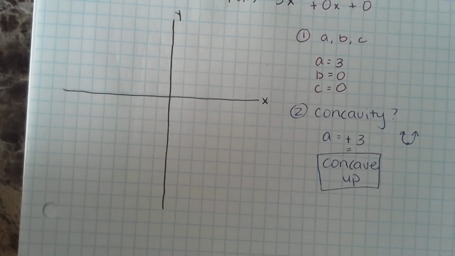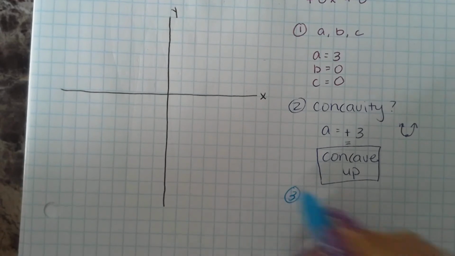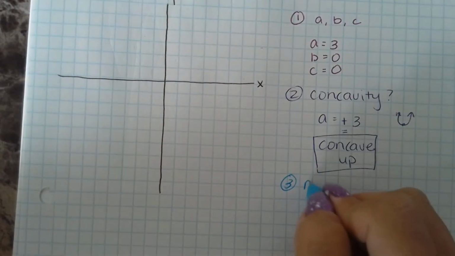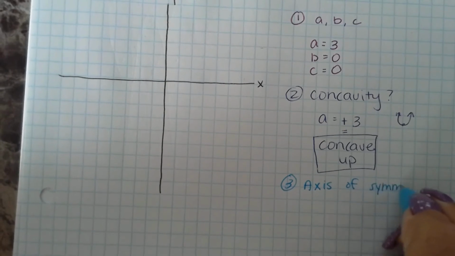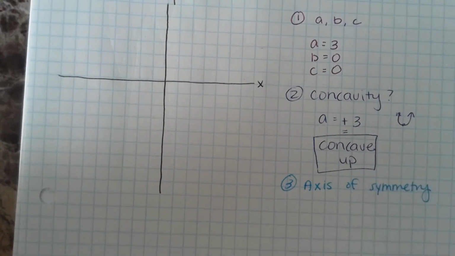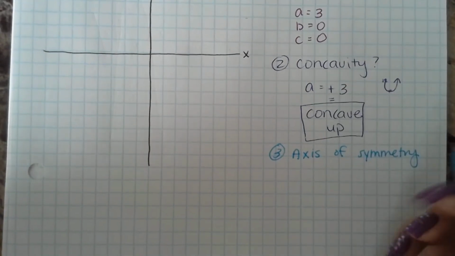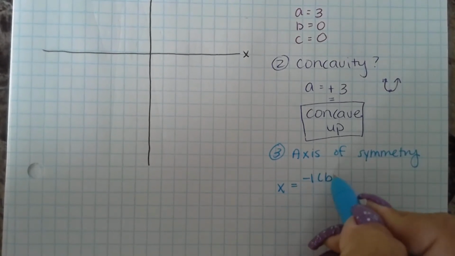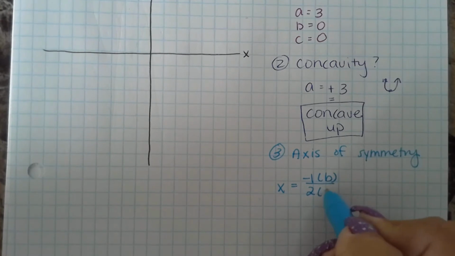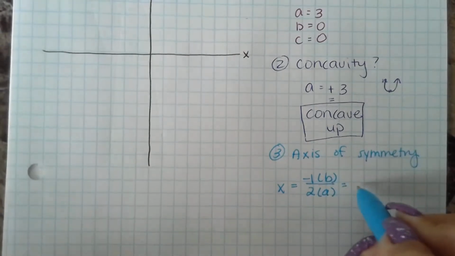Number 3, we are looking for our axis of symmetry. We find our axis of symmetry using the equation x equals -1 times b over 2 times a. So let's go ahead and fill this in.